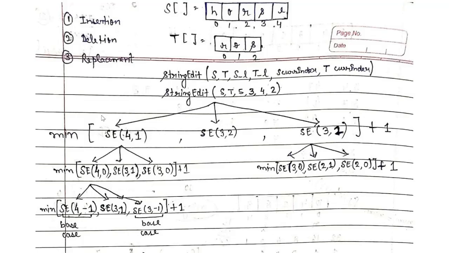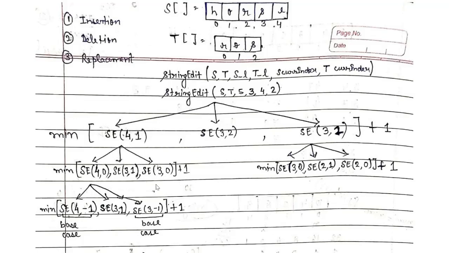And then I would be taking the minimum of these, because look, what do I need? The minimum number of operations. So in my recurrence relation, I need to take the minimum of each and every path, because this would be a very big tree with many branches.